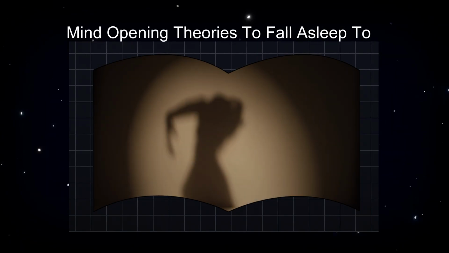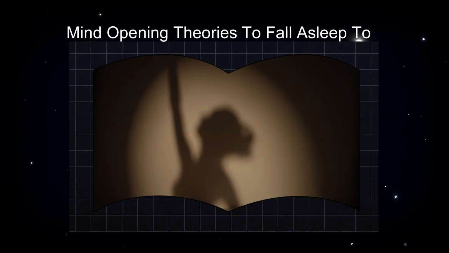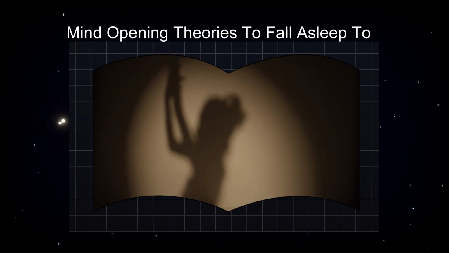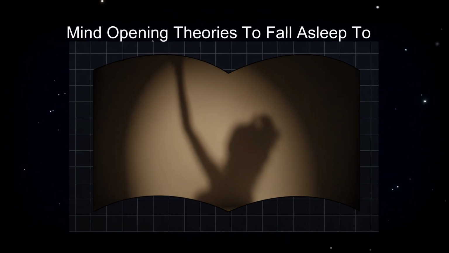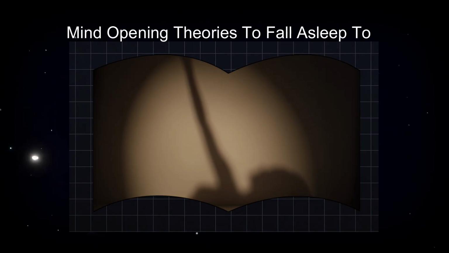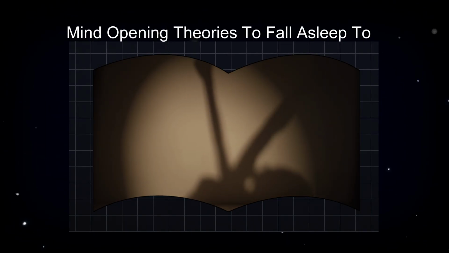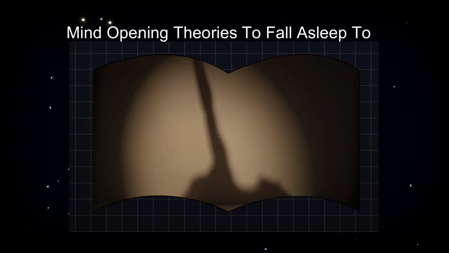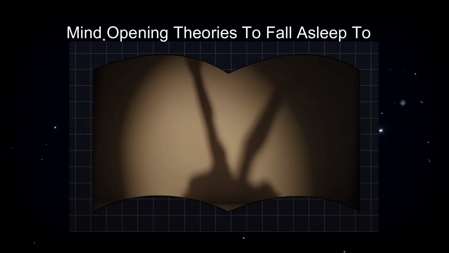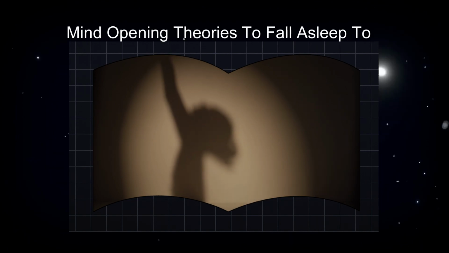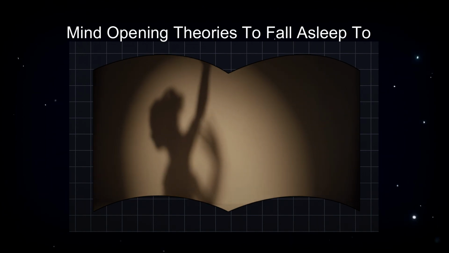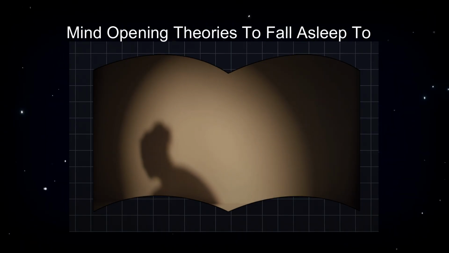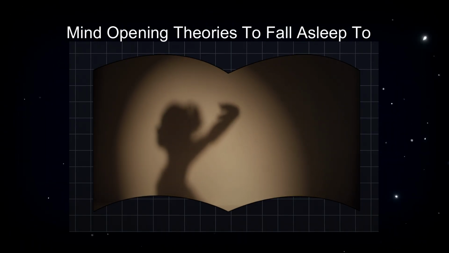The strong Anthropic Principle, or SAP, takes things a step further. It suggests that the universe must have the properties that allow life to emerge, that it is not just accidentally fine-tuned for life, but somehow compelled to be that way. In other words, life is not a fluke. It's baked into the structure of the universe itself. This opens the door to more theological or teleological ideas, suggesting that life, and perhaps even consciousness, are not side effects of the cosmos, but central features of it.